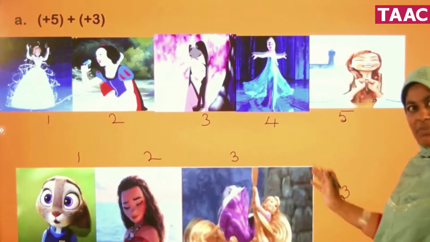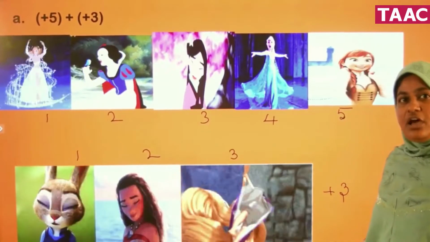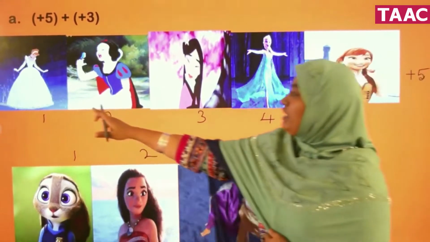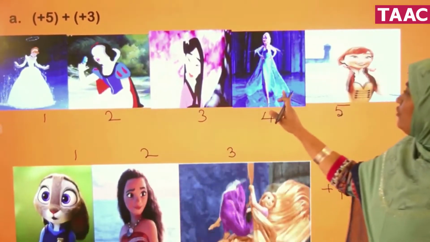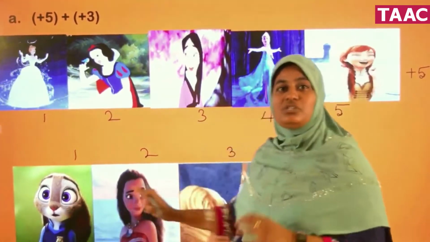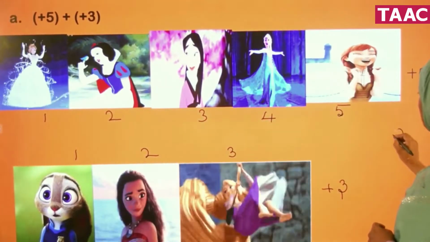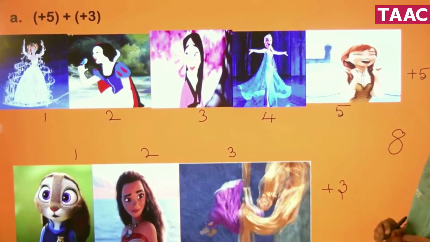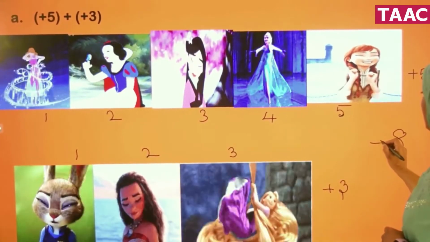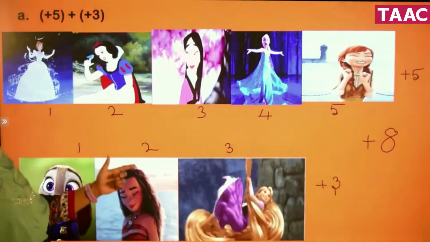So, see here, this is a battlefield. In this battlefield, how many people do you see? Count 1, 2, 3, 4, 5, 6, 7, 8. So, totally you have 8 persons. Since they are heroines, which sign do you have to use? You have to use the plus sign. You have seen here, no?